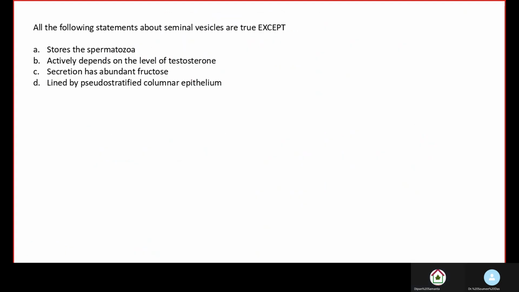First question. All of the following statements about seminal vesicle are true except: stores the spermatozoa, actively depends on the level of testosterone, secretion has abundant fructose, lined by pseudostratified columnar epithelium.